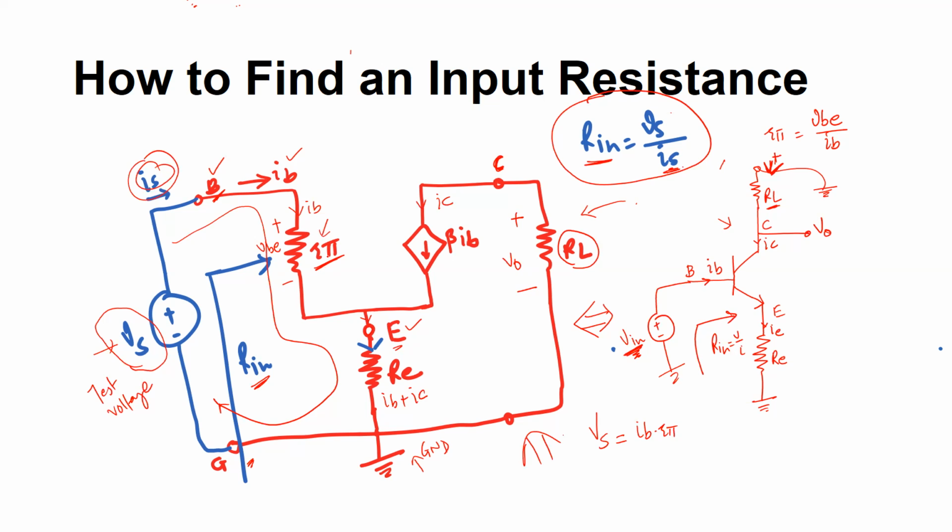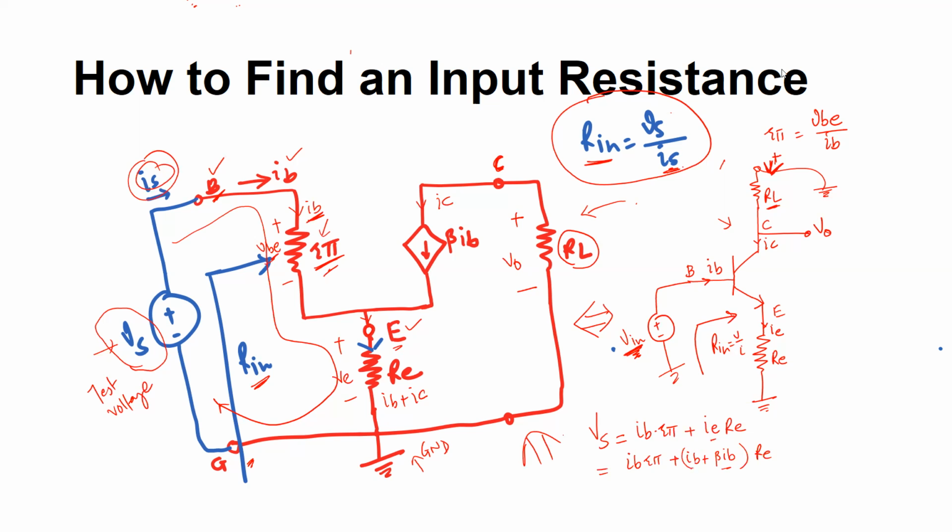This is the voltage drop. And then you need to obtain the voltage drop here, which is IE times RE. So simplify that. This will be IB into R pi plus IB plus beta times IB, which is the base current plus collector current, multiplied by RE.